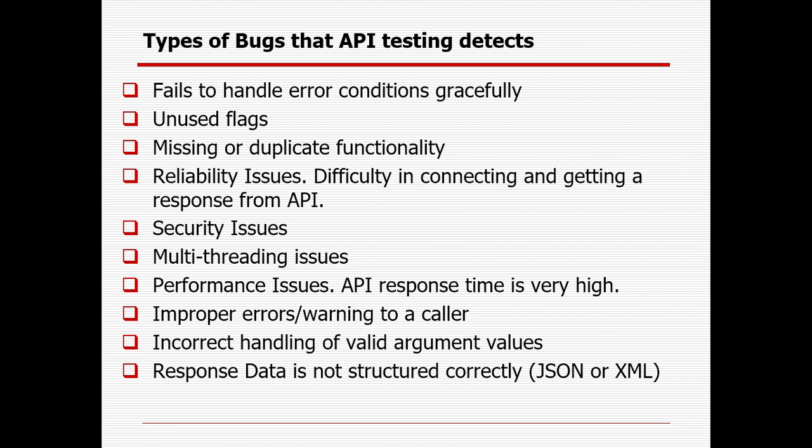Similarly, these are the different types of bugs that API testing can detect easily: fails to handle error conditions gracefully, unused flags, missing or duplicate functionality, reliability issues, difficulty in connecting and getting a response from the API, security issues, multi-threading issues, performance issues, API response time is very high, improper errors or warnings to a caller, incorrect handling of valid arguments, response data is not structured correctly, JSON or XML.